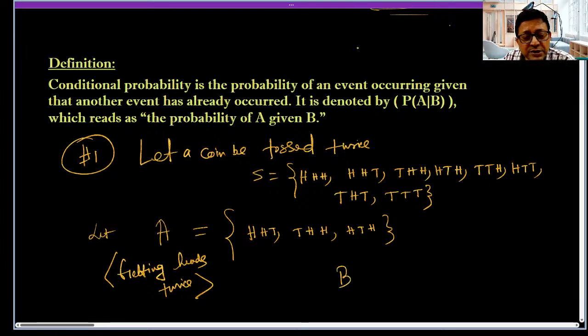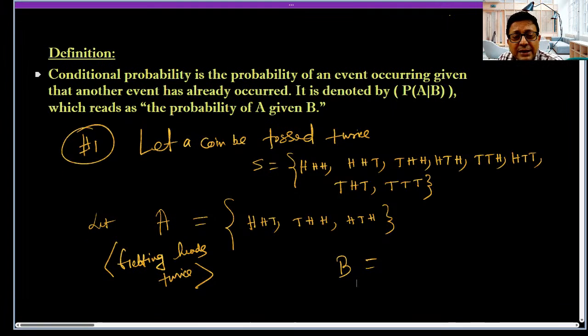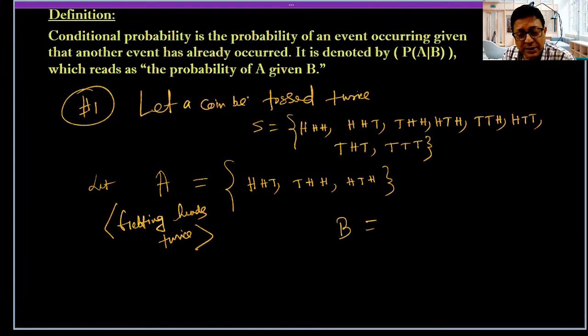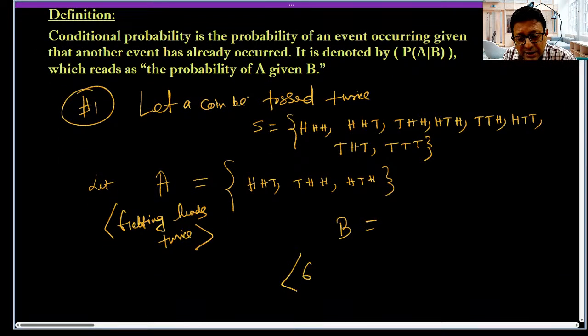Suppose B denotes the event getting at least one head.